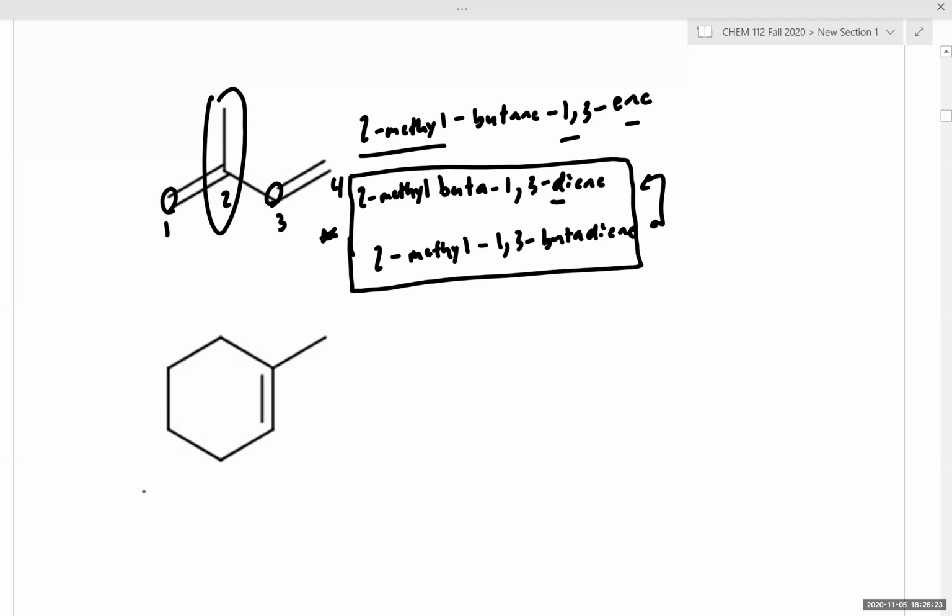So this is a cyclic molecule, but we know how to name cyclic systems from last time. So let's focus on naming this cyclic molecule and assigning our locant numbers. And if you'd like, you can use the annotate tool to share your proposed annotations for the carbon locant numbers. And remember, we want the smallest locant numbers for our alkene and the smallest locant number for our substituents.